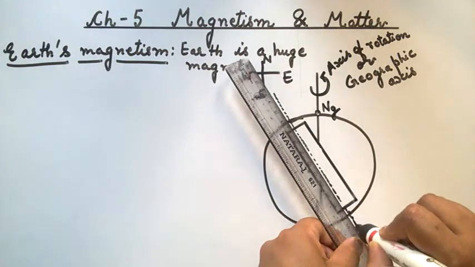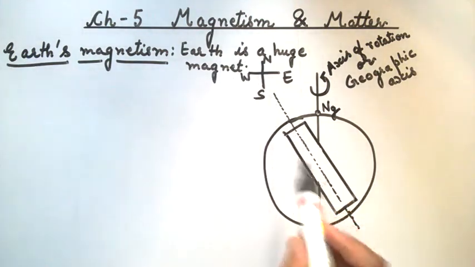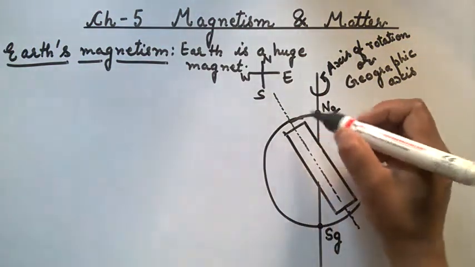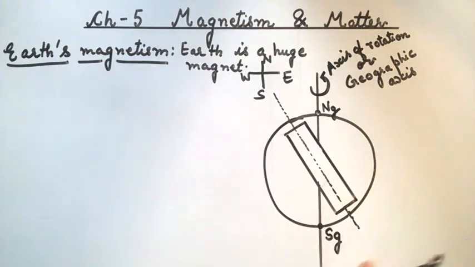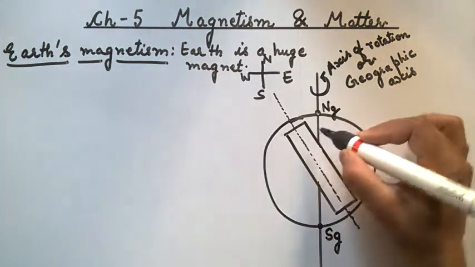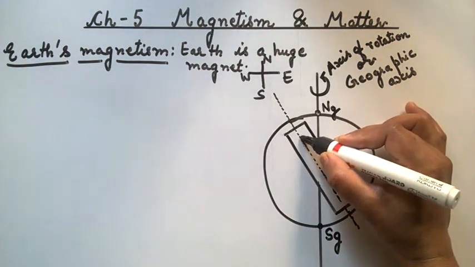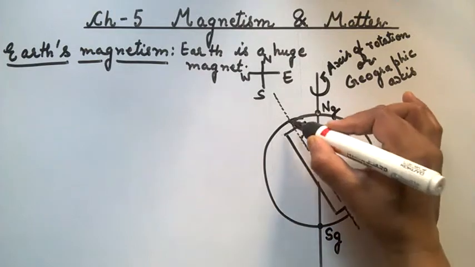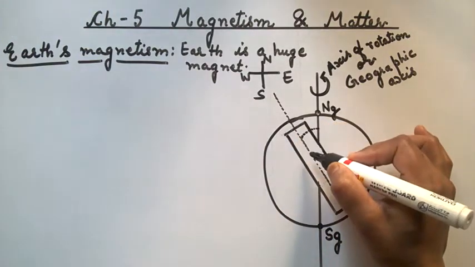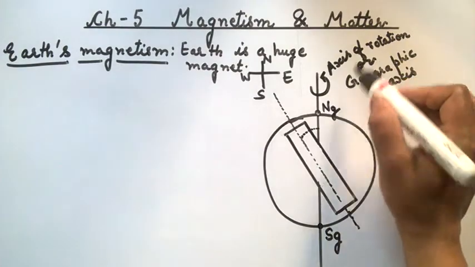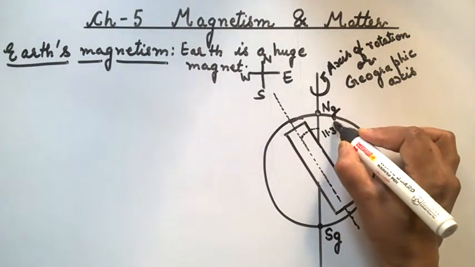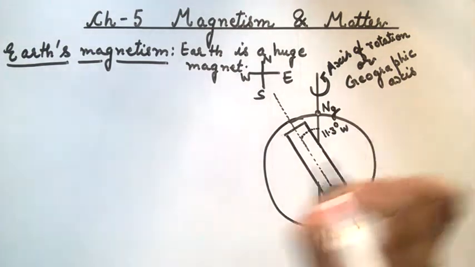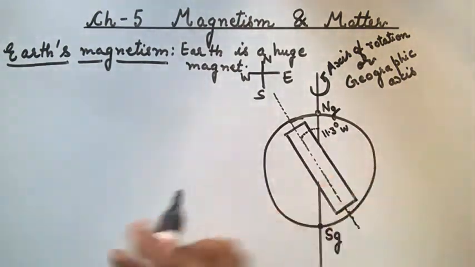This is the magnetic axis passing through north-south poles of a bar magnet, and the magnetic field is due to the magnetic dipole of assumed magnet, and the angle between magnetic axis or the axis of dipole and axis of rotation is 11.3 degree west. It is approximately equal to this.